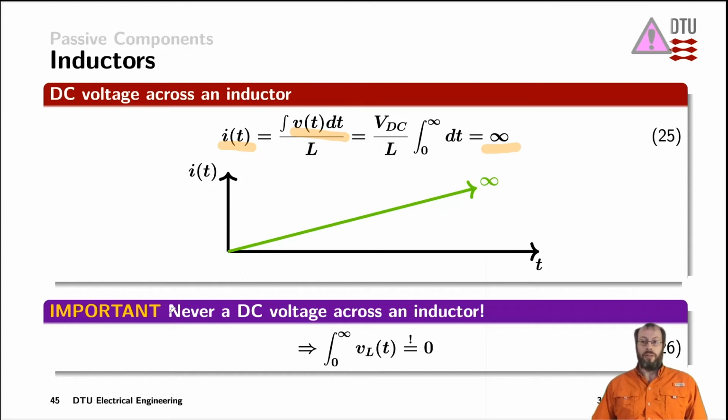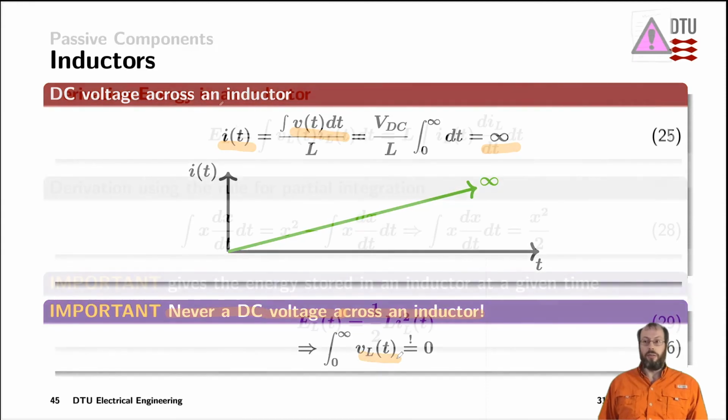Therefore, it is never a good idea to apply a DC voltage across an inductor, or the integral from 0 until infinity over a voltage across the inductor has to be 0.